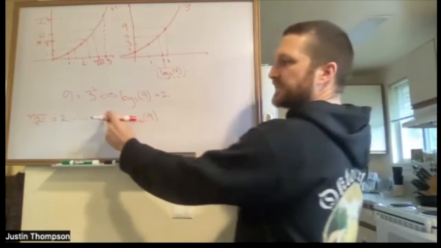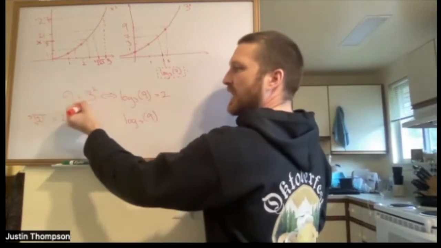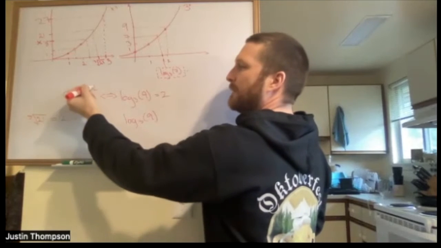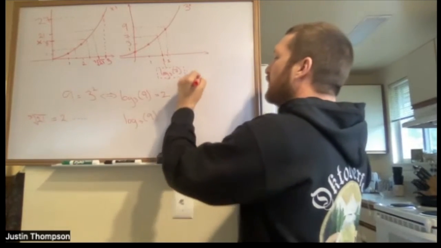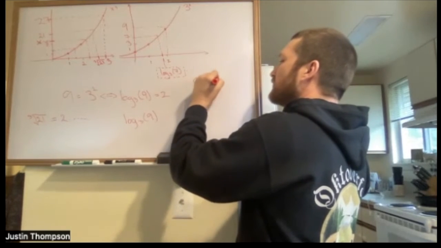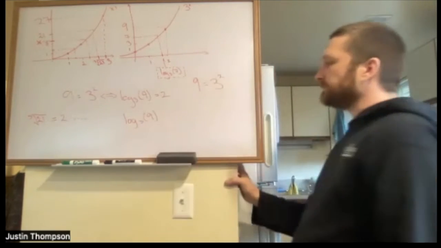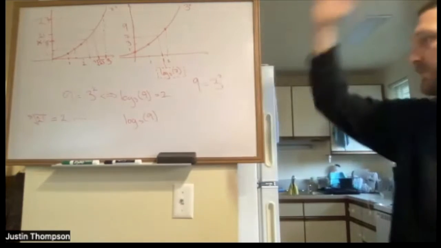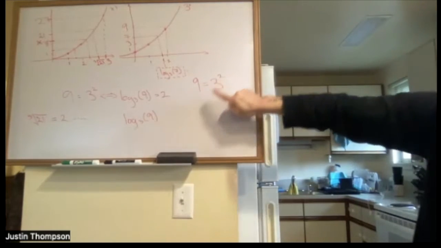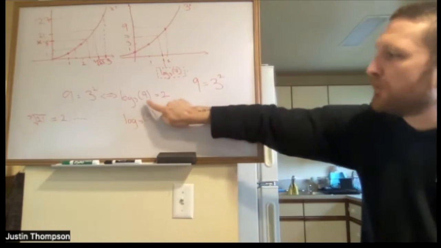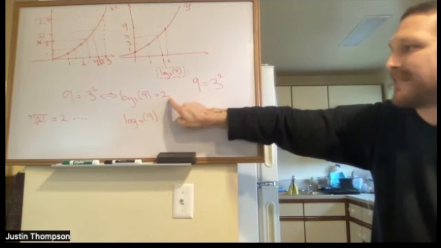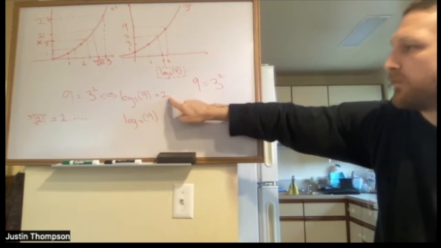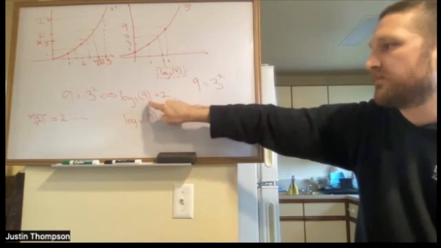But check this out, and this is how we're going to compose something and get back to where we started. We know that 9 equals 3 to the 2, right? Obviously. But we said that 2 can be written in this funky way right here. Instead of writing it as 2, I could write it as log base 3 of 9.